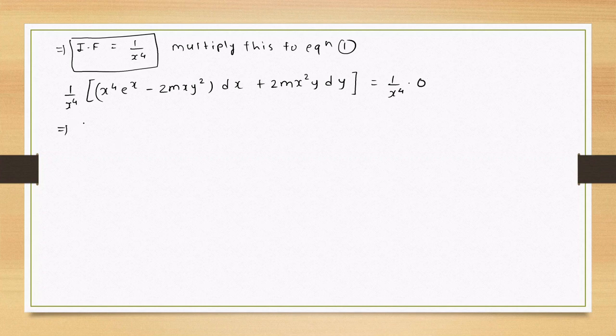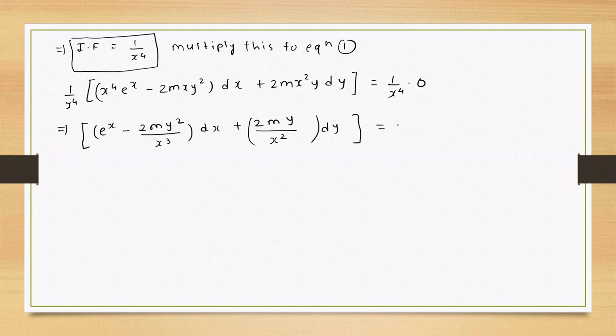So we can write it as, if I multiply 1 upon x raised to 4 to both terms, e raised to x minus 2y square upon x cube dx plus 2y upon x square dy is equal to 0. Okay, this is equation number 2.